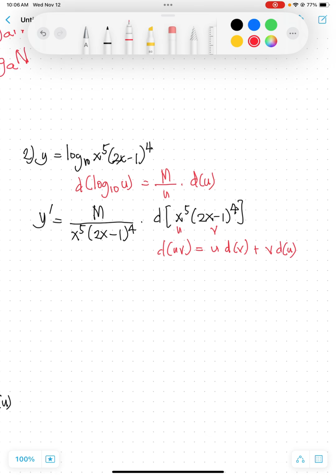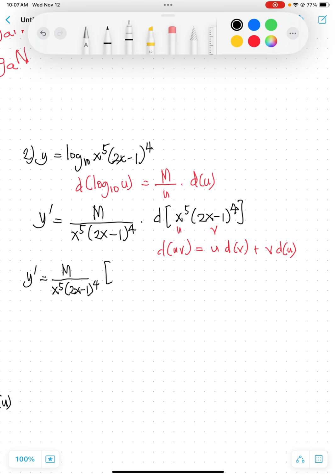Okay? So I'll have y prime equals m divided by x raised to 5 times 2x minus 1 raised to 4.